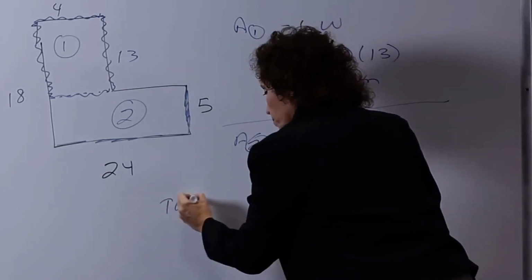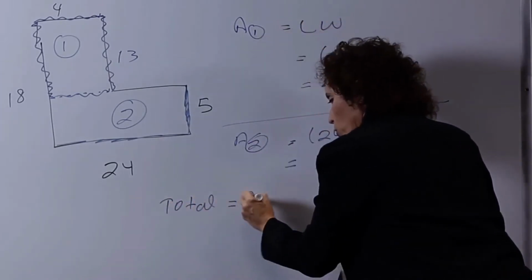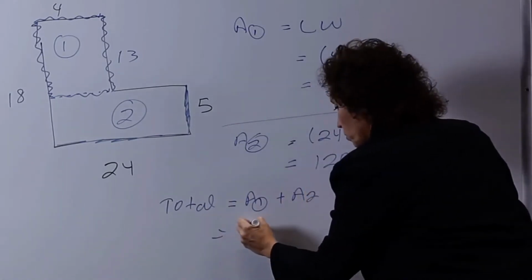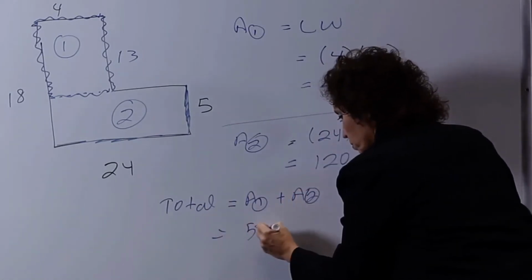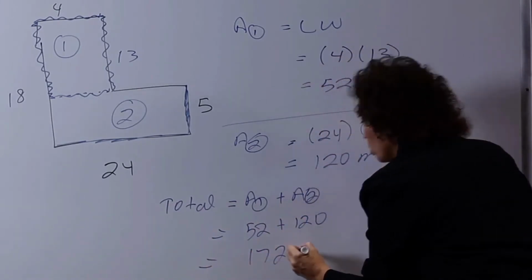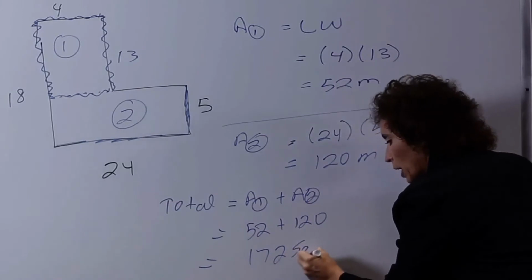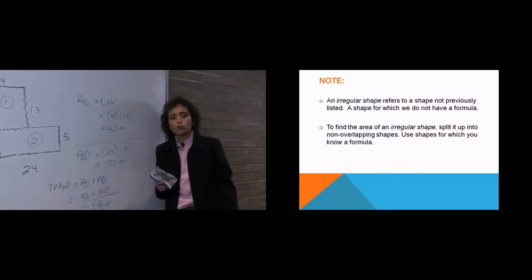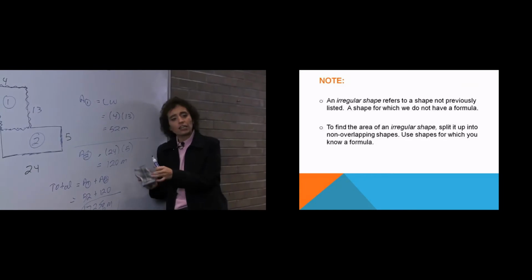So total is area 1 plus area 2, which is 52 plus 120, or 172 square meters. So all you have to do is break it up into shapes you know how to find the formula of, and that's how to take the area of an irregular shape.